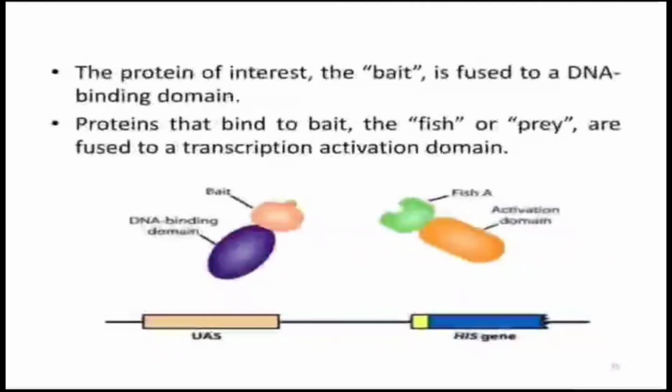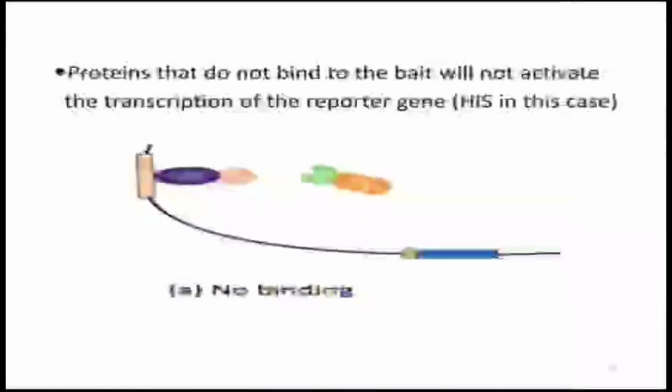The bait, which is the protein of interest, is fused to a DNA binding domain. The proteins that bind to the bait, which is fish or prey, are fused to a transcription activation domain. This DNA binding domain binds with the bait, and the activation domain binds with the fish or prey.